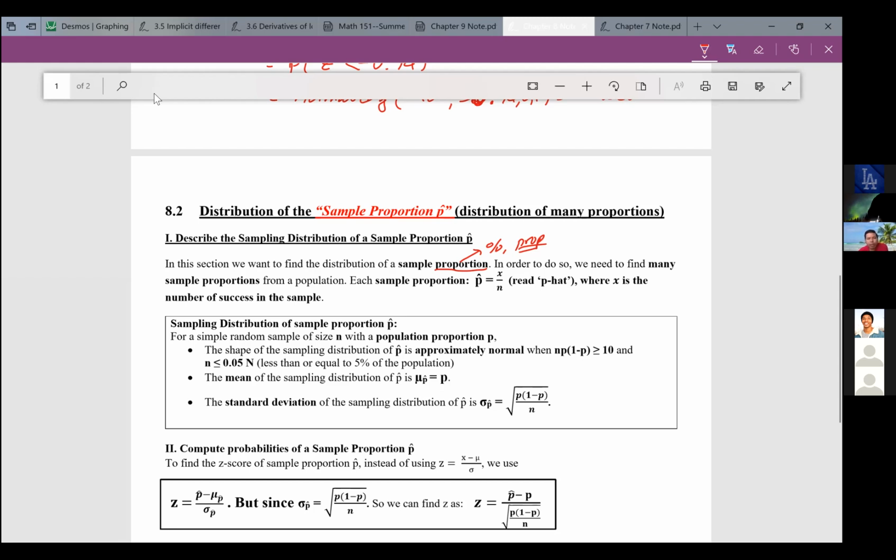Each sample proportion equals x divided by n, where x is the number of successes in the sample. So if I do 50 multiple choice questions and I have 35 correct, then p hat is 35 divided by 50. That's how we calculate the percentage of successes in n trials. That's the deal.